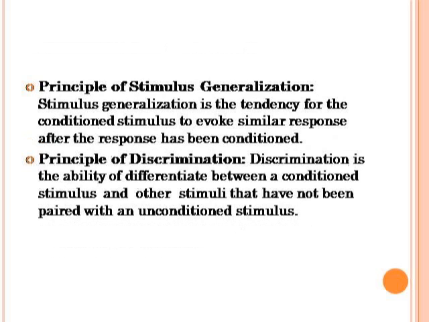Now, the next principle is the principle of stimulus generalization. It is the tendency for the conditioned stimulus to evoke a similar response after the response has been conditioned. For example, if a child has been conditioned to fear a white rabbit, the child will exhibit fear of objects similar to the white rabbit.